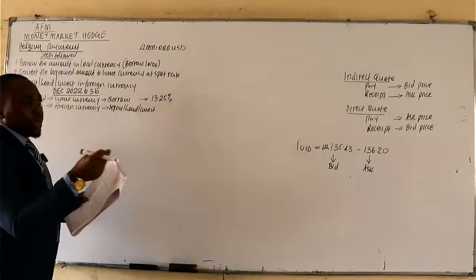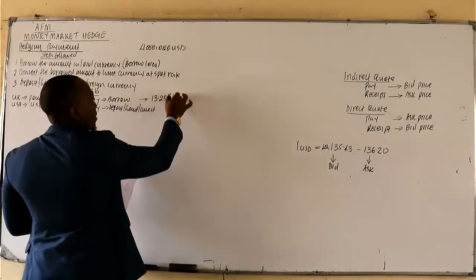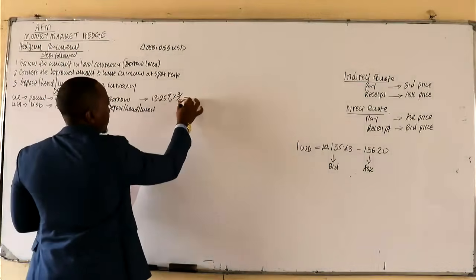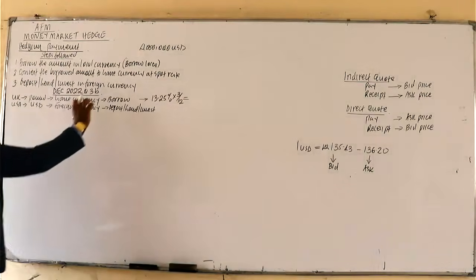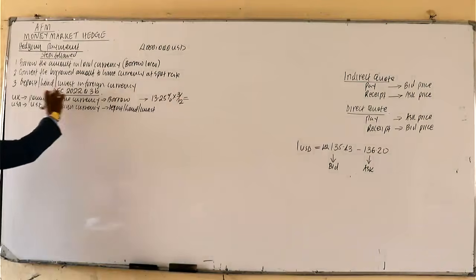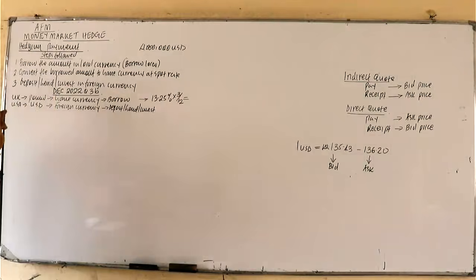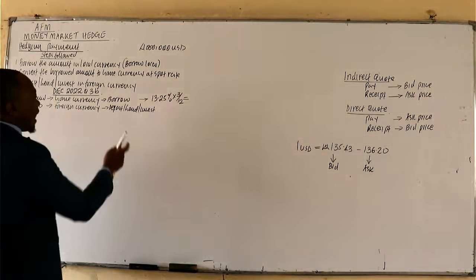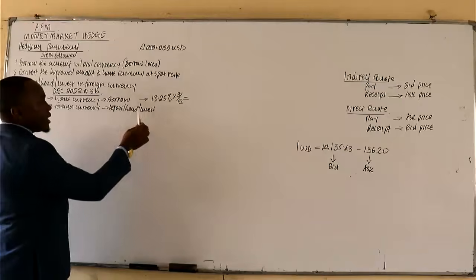We expect to pay in 3 months, so you multiply by 3/12. I repeat again. We are borrowing in home currency, which is pound. So therefore, you use the borrowing rate of the pound, which is 13.25. Then we have said that you deposit or invest in the foreign currency.